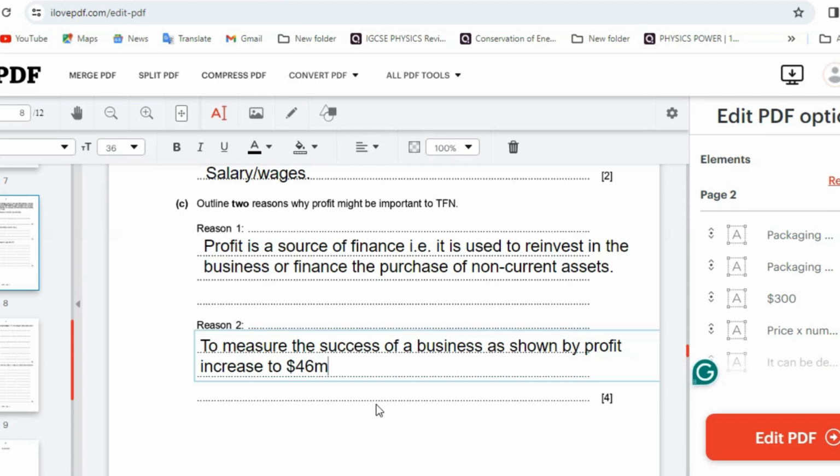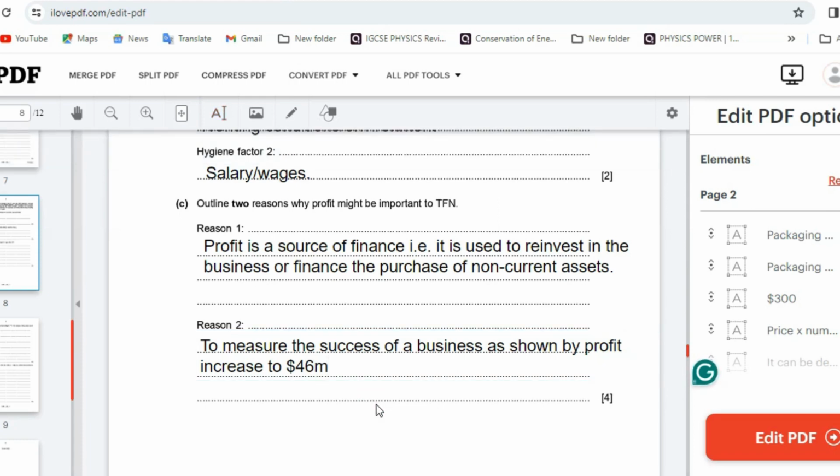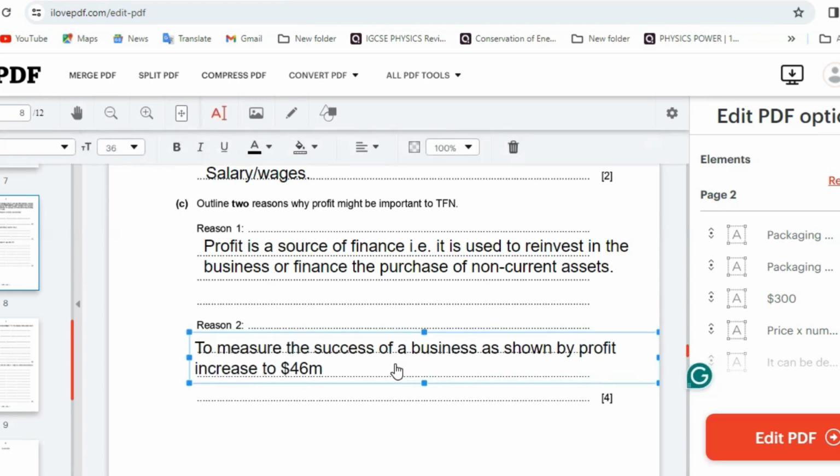Yes, as our second reason. Of course, profit can also provide a return to shareholders. That is, it helps to attract investors and pay dividends.